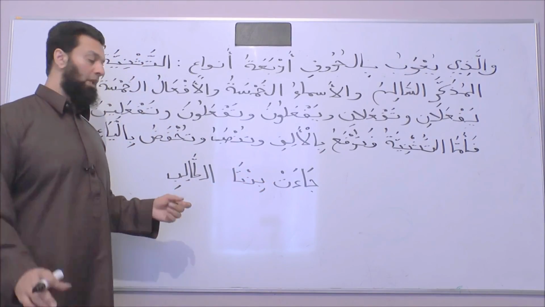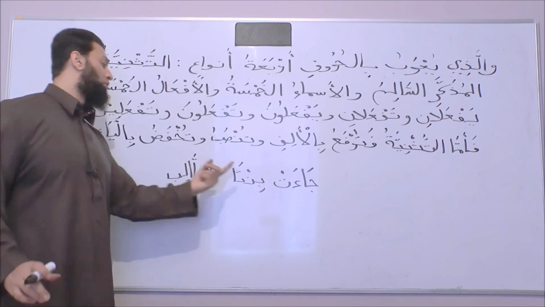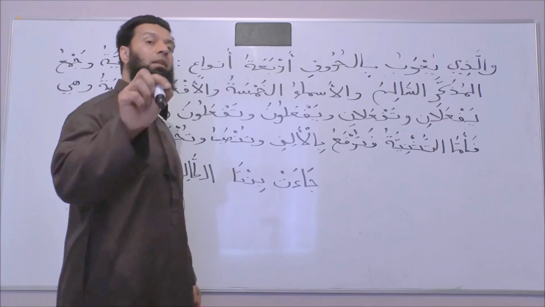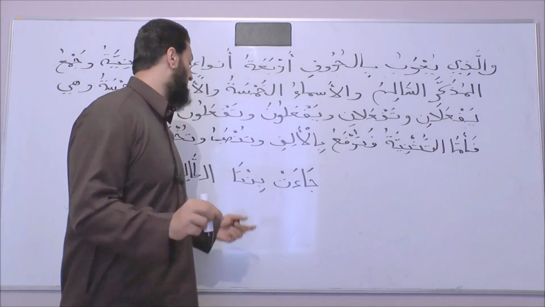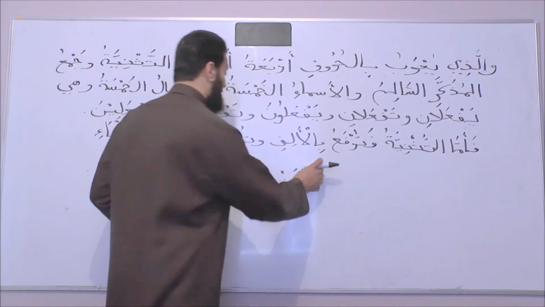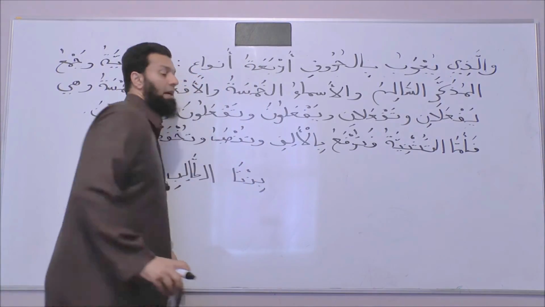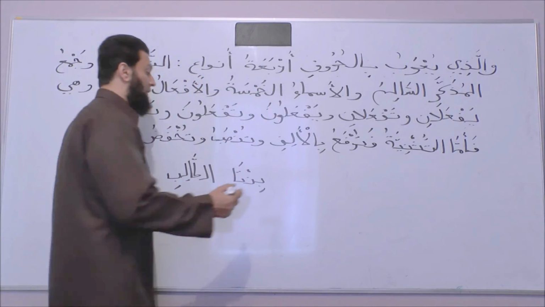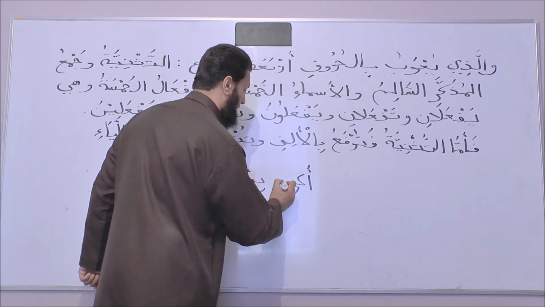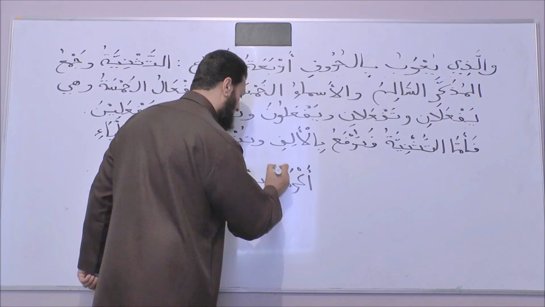If you wanted now to render binta in the nasb state, you want binta to become mansub, right? How are we going to change our sentence? I honored. What's I honored? Akramtu.